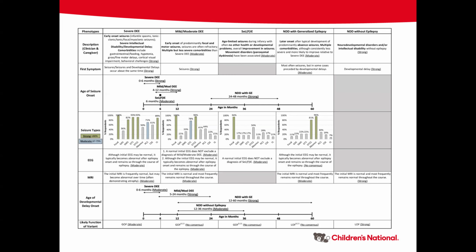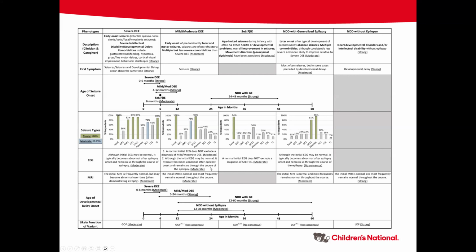There was strong consensus that without seizures, with neurodevelopmental disability, these are due to loss of function. And for gain of function, there was moderate consensus that gain of function is associated with the severe developmental and epileptic encephalopathy. There was also strong consensus on the first symptom you can see here, whereas seizures are the first symptom for these two phenotypes, developmental delay obviously is the first symptom in neurodevelopmental disability without epilepsy.